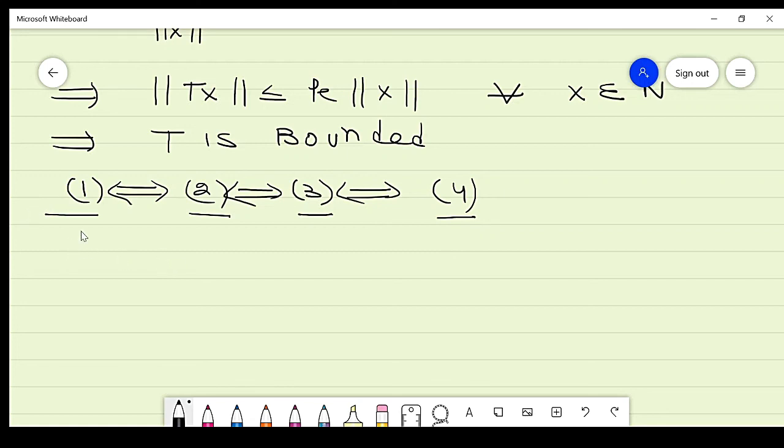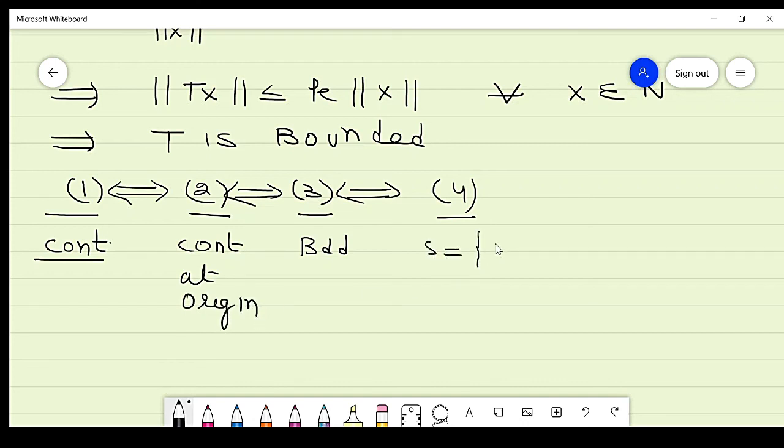So these 4 statements are equivalent, so we can choose any one of them. Now if these statements are equivalent, then there is no difference between continuity, boundedness, and continuity at origin. And number 4, if S is the unit ball, norm less than or equal to 1, then T of S is a bounded set.